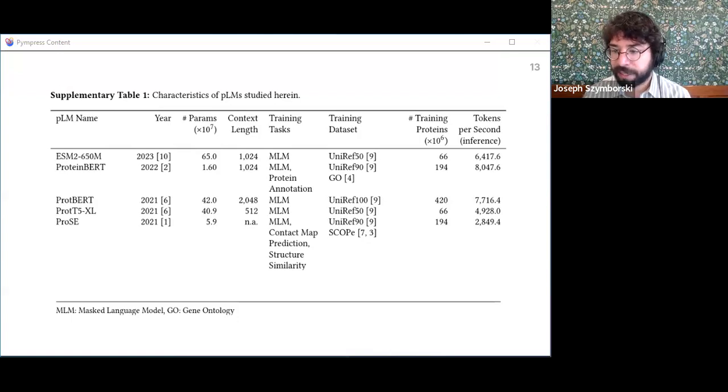You have different UniRefs, but also the addition of some functional annotation data sets like GO, or some structural ones like SCOPe. They're trained primarily on the masked language modeling task, but also some various other tasks like protein annotation, contact map prediction, structure similarity. And there's a big difference in the parameter sizes for these protein language models that we're taking a look at today.